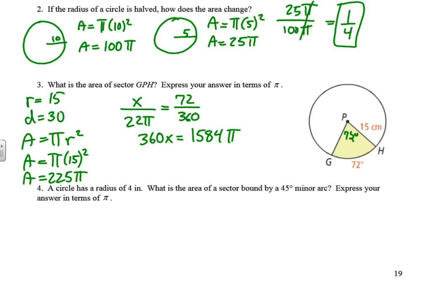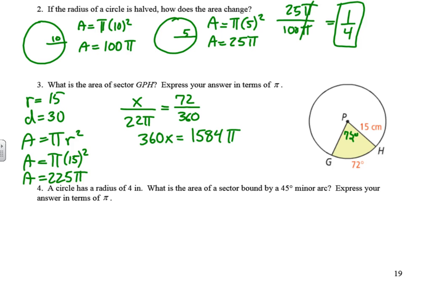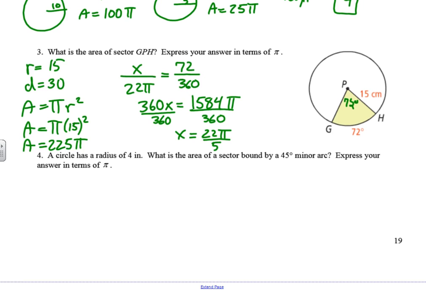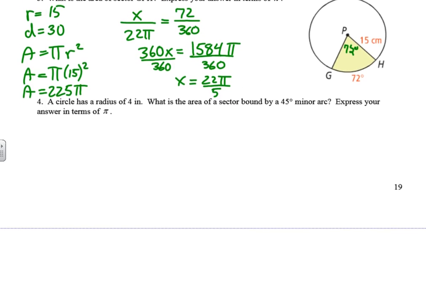Then we divide that number by 360, which is 22/5. So 22 pi over 5 would be the area of the sector. Pretty simple, right? Same kind of concept. It's a fraction of the total area, and we're using the angle to determine that fraction.